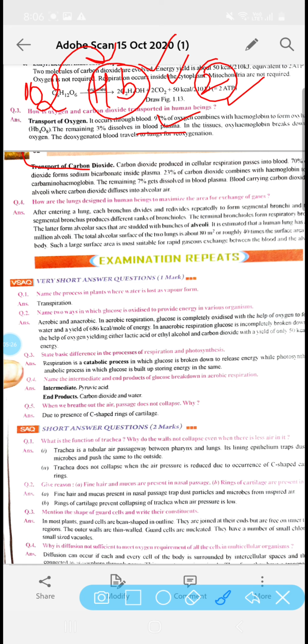Now we talk about the transport of carbon dioxide. We have already discussed the first mechanism, that instead of oxygen, carbon dioxide can also bind with the hemoglobin, and this forms the molecule called carbaminohemoglobin. So 23% of carbon dioxide is transported via the hemoglobin.